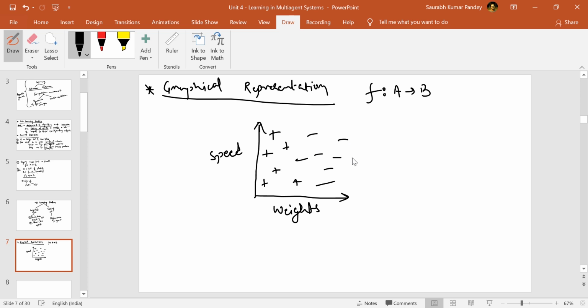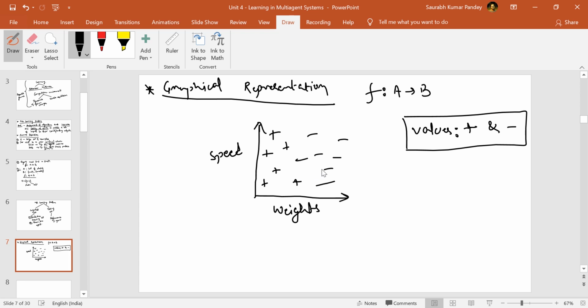What are these distributions? The values are in terms of plus and minus. I'm not saying what plus and minus represent. I am saying that based on your speed and weights, some values are represented in the 2D graph that you are seeing over here.